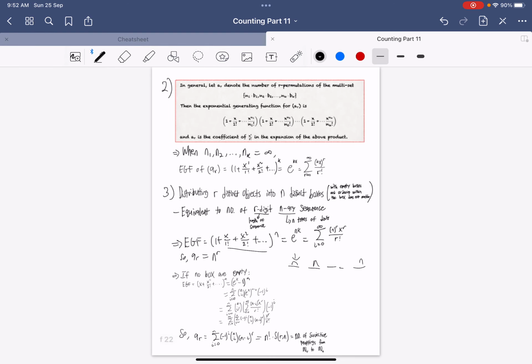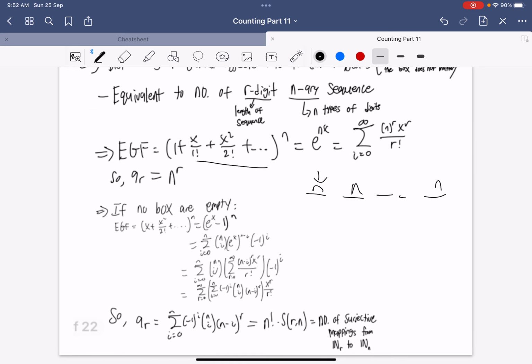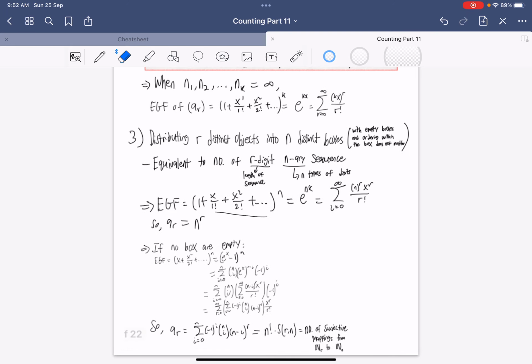If no box is empty, you just omit the 1 here, and it's just (e^x minus 1) to the power n. And it's actually equivalent to the number of surjective mappings. You can read more about that online, and we'll move on to an example to further illustrate the use of exponential generating functions.